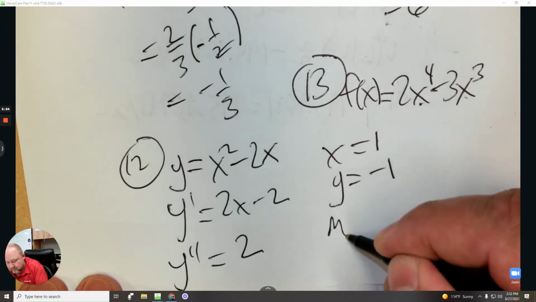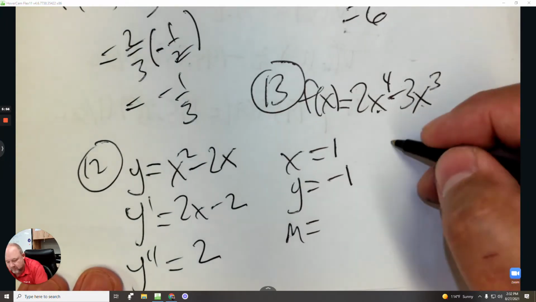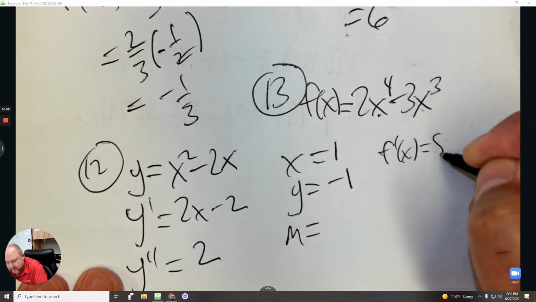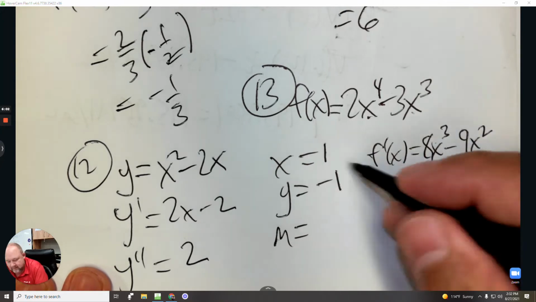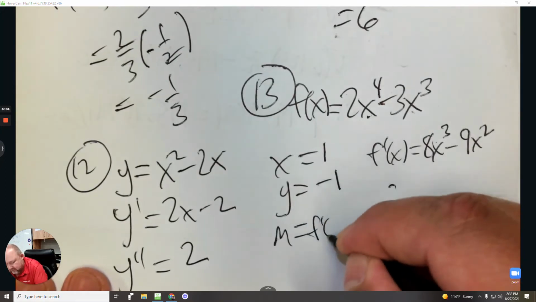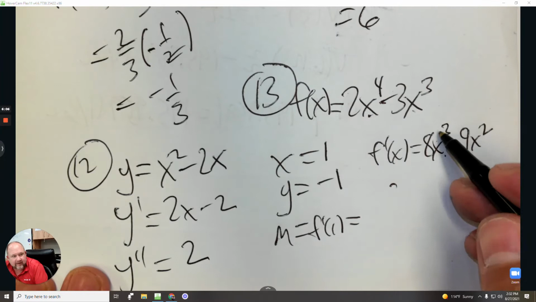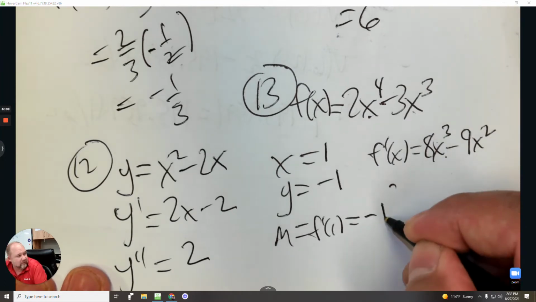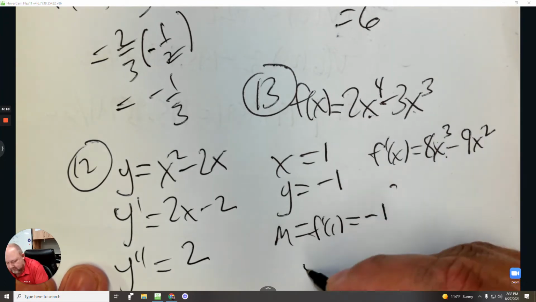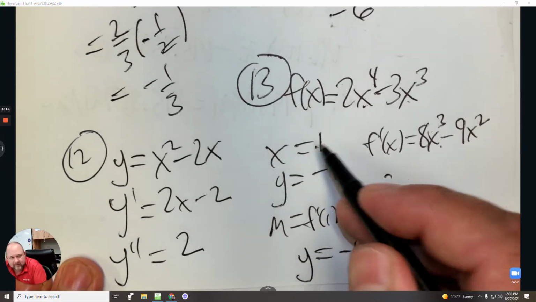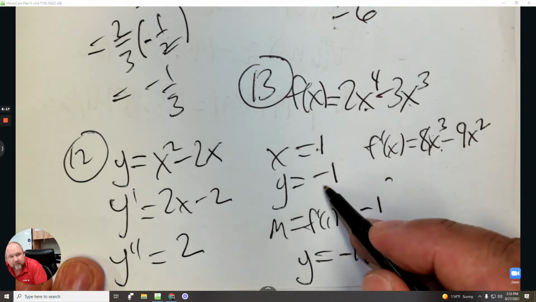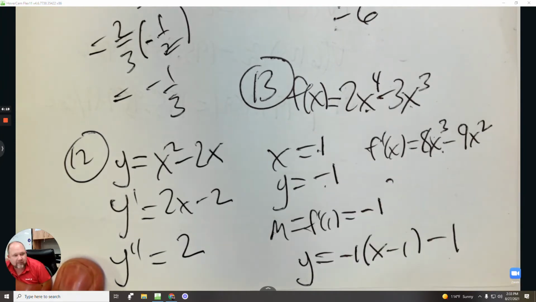And then the slope, I need to take the derivative of this, 8x cubed minus 9x squared, and then I plug 1 in to find the slope. So it's 8 take away 9, so it's negative 1, and then put it all together. So it's y equals negative 1, x minus 1, subtract 1. A lot of negative 1's. 14.